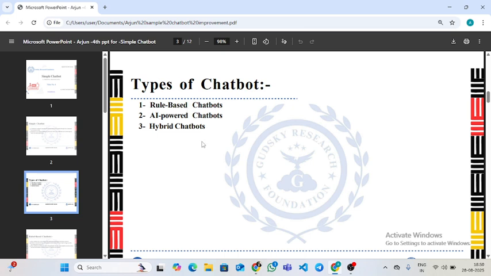When you search on Google or any searching platform, you will see chatbots classified into many types on the basis of several criteria. I would like to explain these one by one.